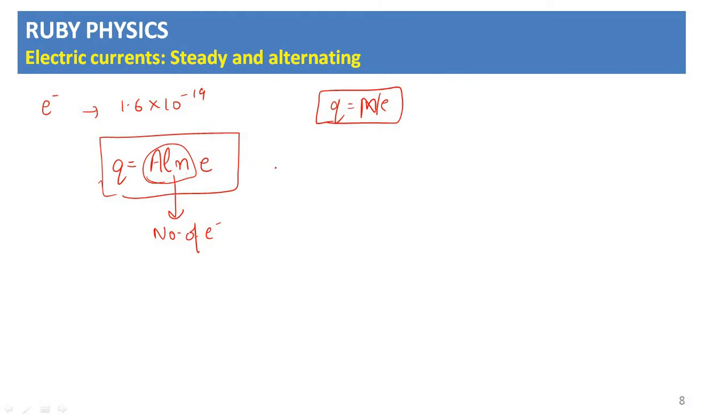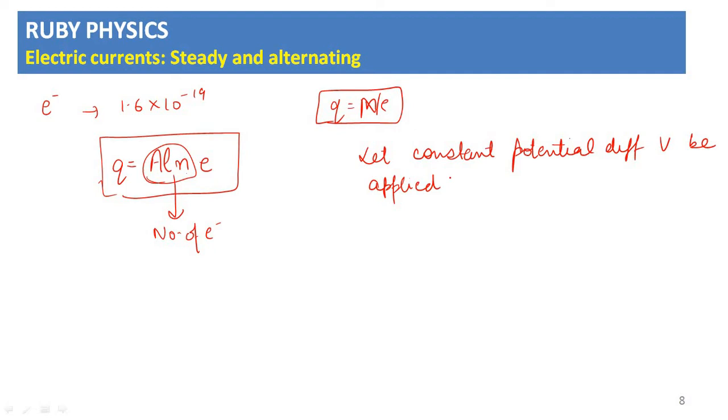Okay, so we have got the charge, and let a constant potential difference V be applied across the ends of the conductor.